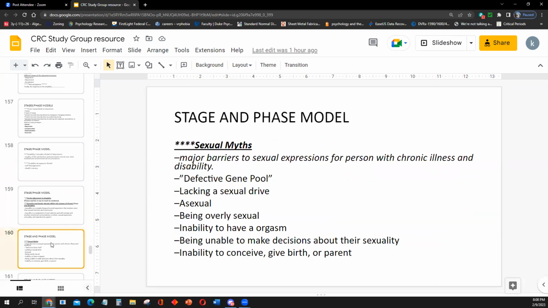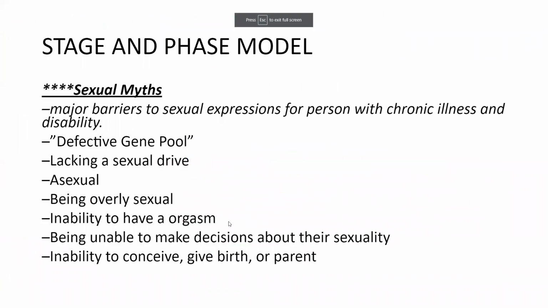But okay, we're almost there. Yeah, here are some of the sexual myths about people with disabilities: that they're a defective gene pool, they lack a sexual drive, they're asexual, they're overly sexed, inability to have orgasms, being unable to make decisions about their sexuality, and inability to conceive, give birth, or parent.